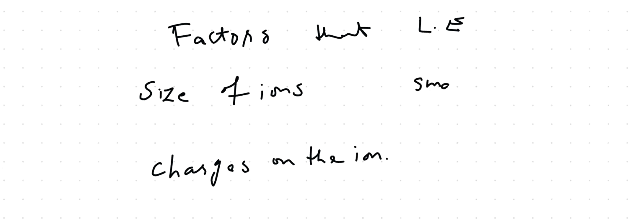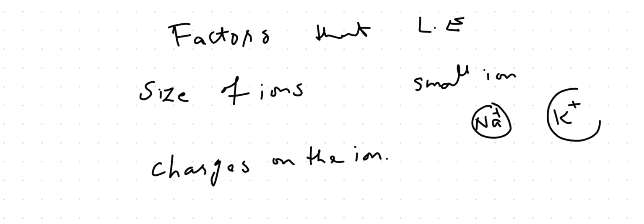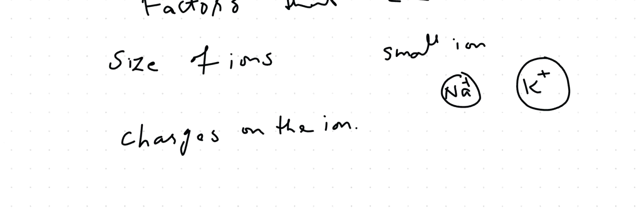So if we have a small ion, let's compare sodium with a potassium ion. Sodium has smaller size, potassium has a bigger size, and both of them are making a bond with the chloride ion. What do you think? Which one would have more forces of attraction?